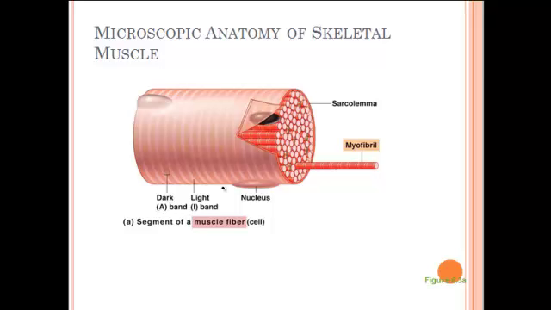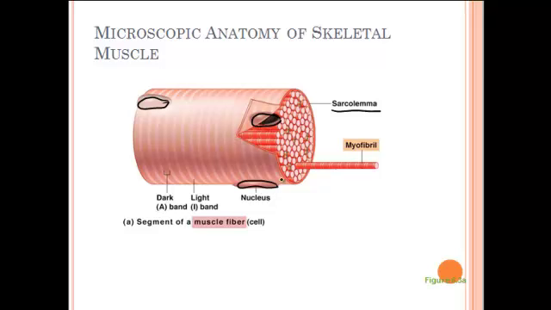So if this whole thing here is one muscle fiber, these are the nuclei. Here's one, here's another one over here. Remember, skeletal muscle is multinucleated, and so there's a few of the nuclei. And then there's something called the sarcolemma. Because a muscle fiber is a cell, it has a plasma membrane.